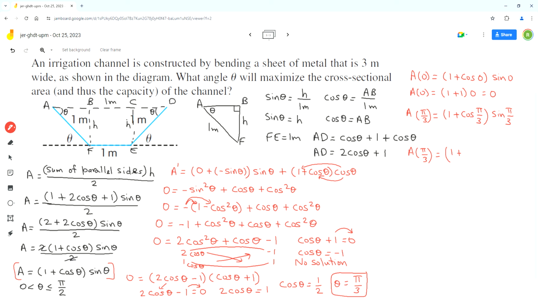Cos pi over 3 is equal to 1 over 2 and sine pi over 3 is equal to square root 3 over 2.